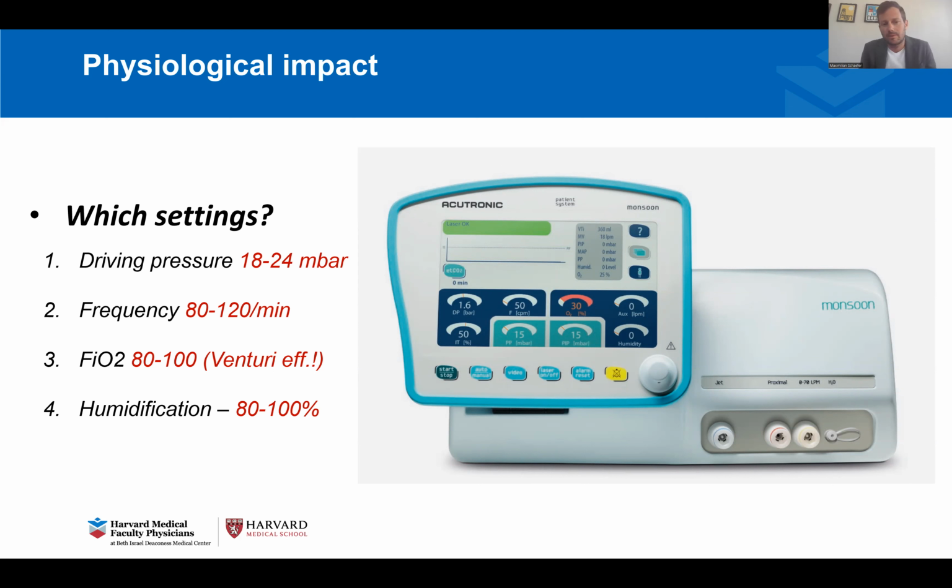The frequency is between 80 and 120 per minute, although I think 100 to 120 is the most common frequency that's dialed in. FiO2 between 80 and 100, and for longer procedures that exceed an hour, we use humidification.